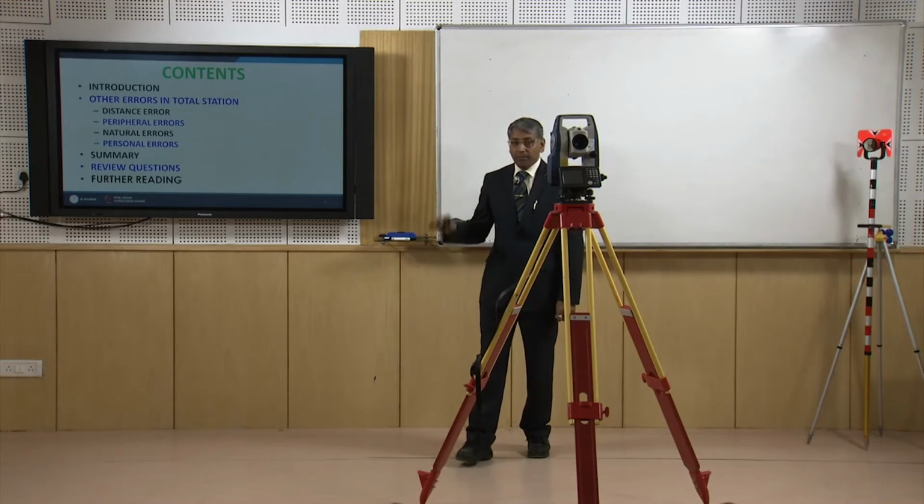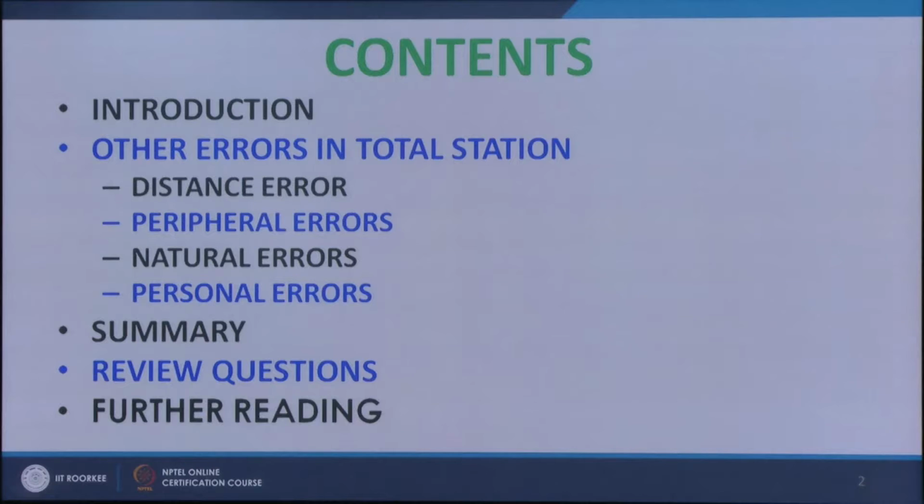The class will be discussed under the following heads, like introduction. Now, the other errors that we come across in the total station, other than the instrument error, are the distance error, peripheral error, and natural error, because we work in nature.